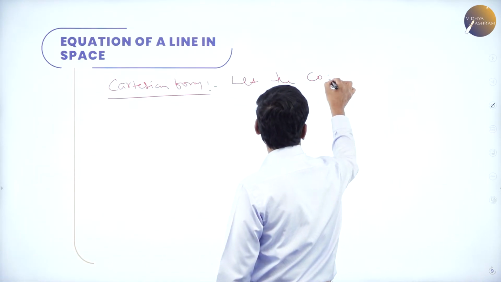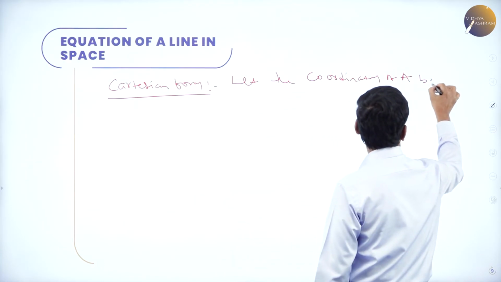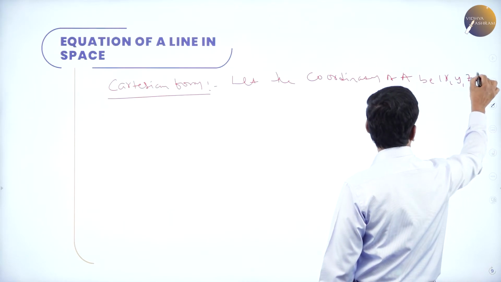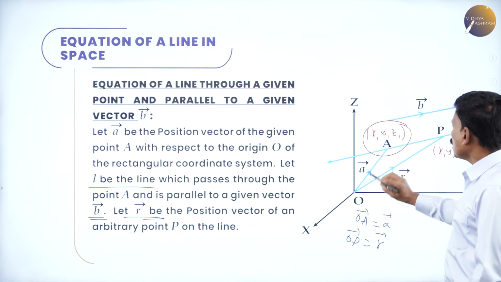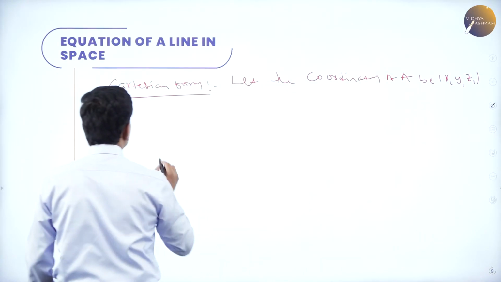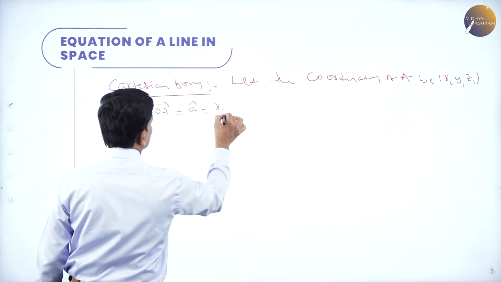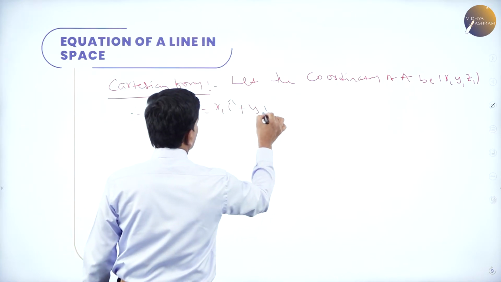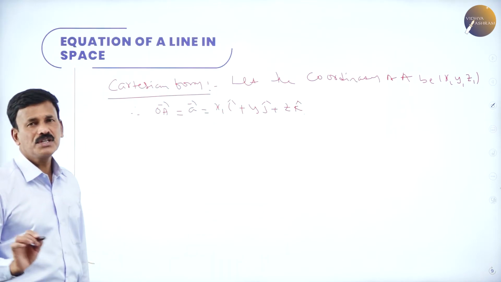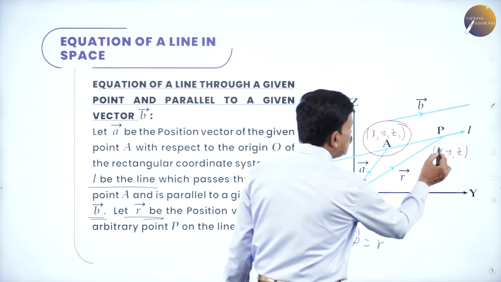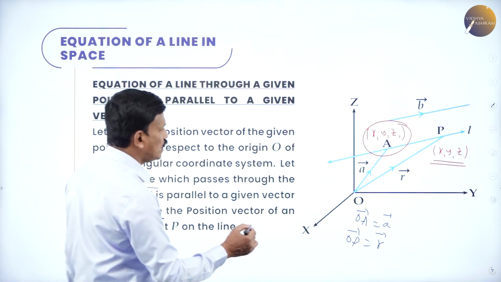Therefore, the position vector of A, vector OA, is nothing but vector a = x1i + y1j + z1k. This is vector a. Let P(x, y, z) be any point on the line.